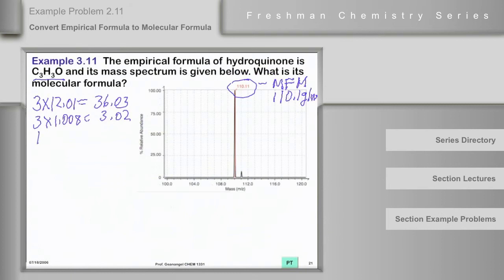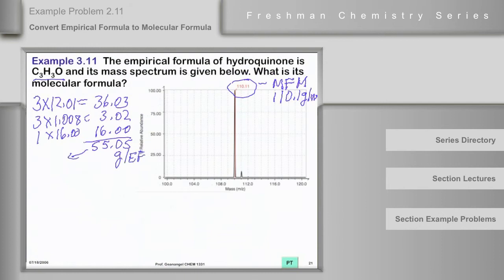And then we have 1 oxygen, 16.00. So this makes 55.05 grams per empirical formula.